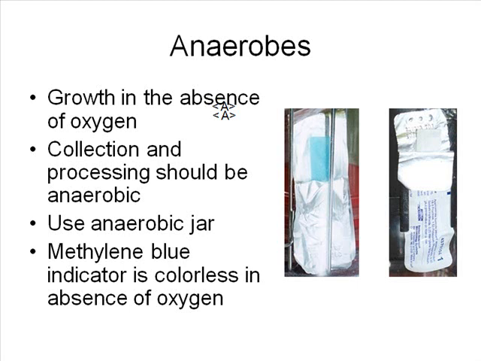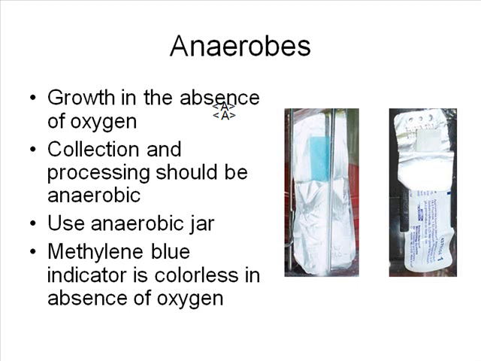Now your anaerobes, you want to process a little bit differently because you must put them in an anaerobic jar. They should be incubated so that the anaerobic jar takes out all of the oxygen in that atmosphere, so the organism can grow. Now methylene blue is used as an indicator.